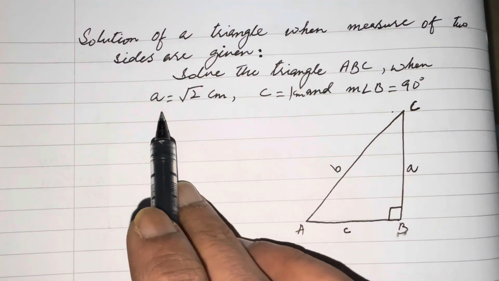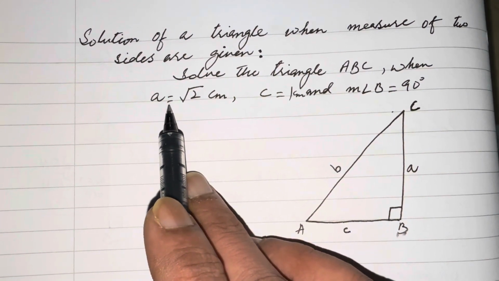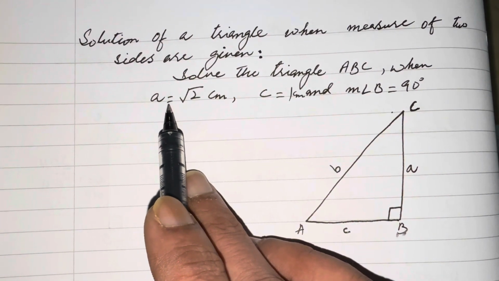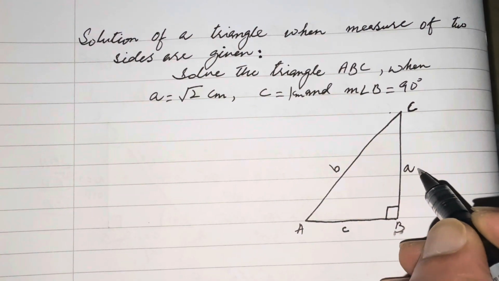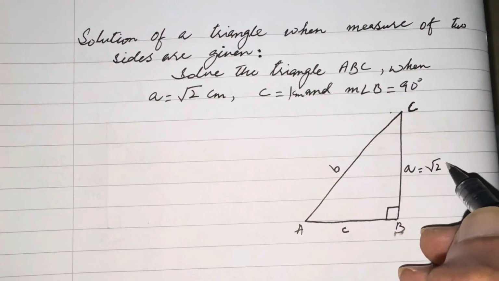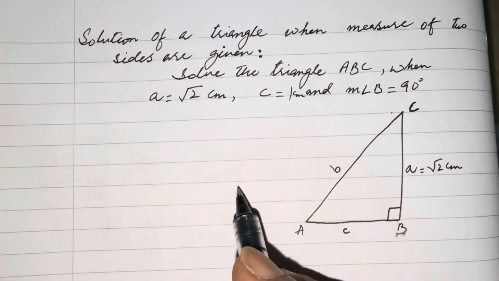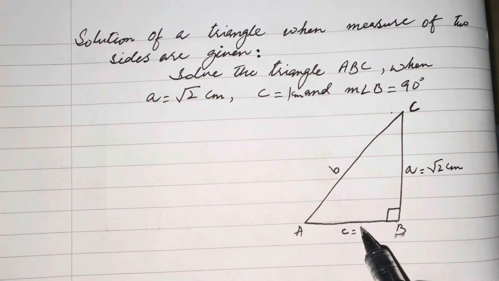If you see in the question, small a, the length of the side, is given as √2 centimeter, and this side c is equal to 1 centimeter.